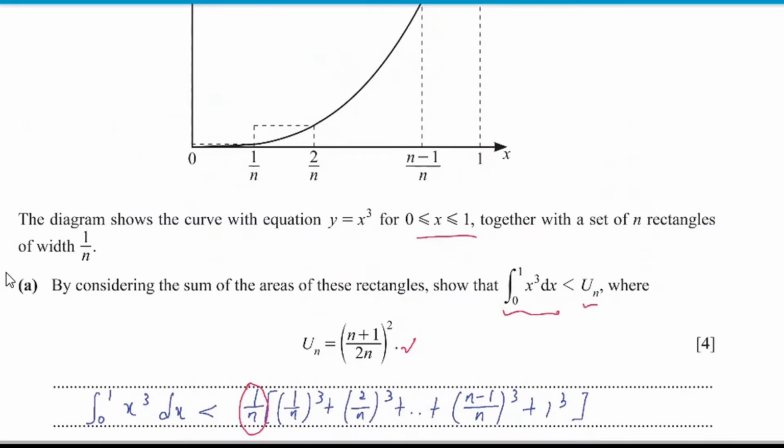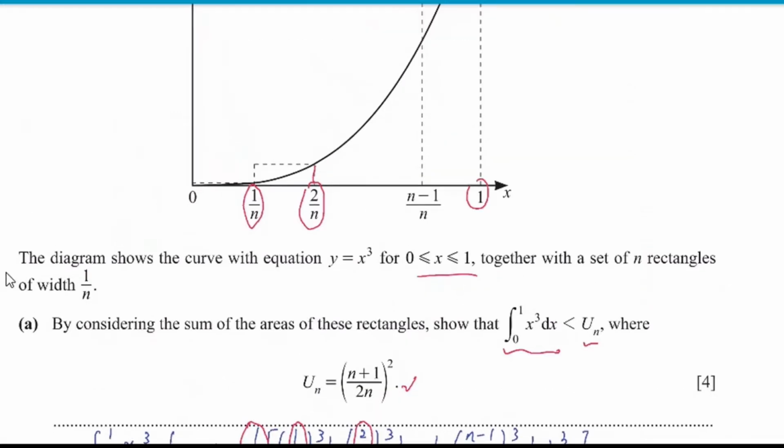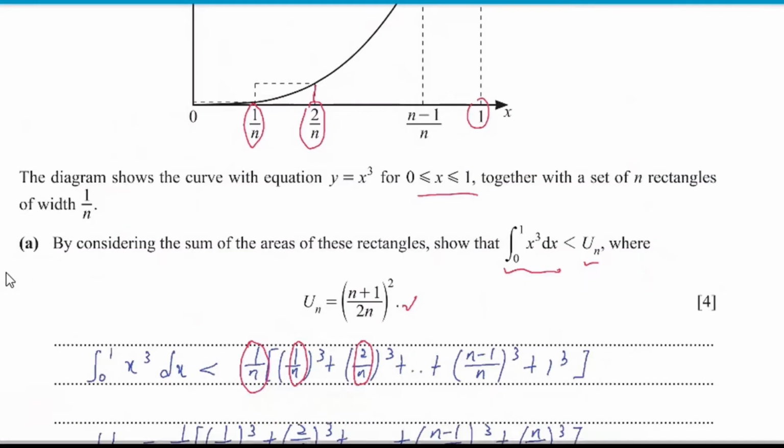The height of the first rectangle starts with x equals 1 over n, so we substitute into x cubed. The second rectangle's height is given by x equals 2 over n, so we substitute 2 over n into the function to get the height. And lastly, it would be 1, so 1 cubed would be the height of the last rectangle.